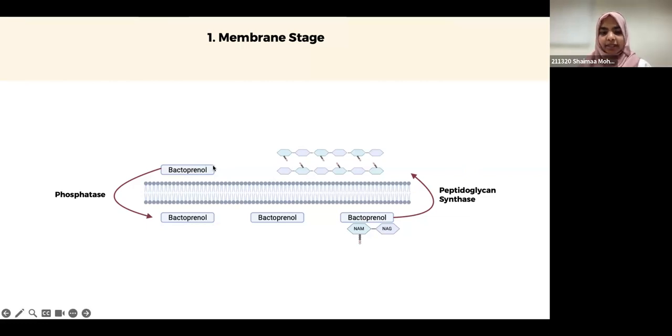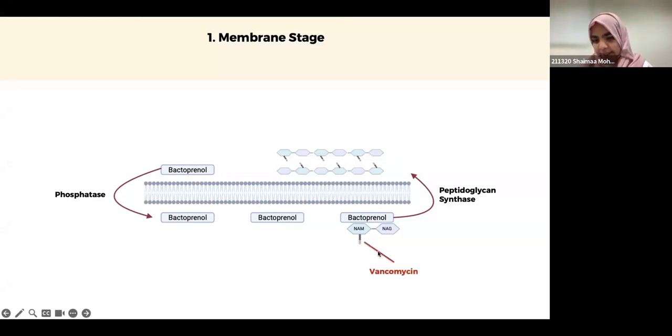Now, the bacterial cell has a limited supply of bactoprenol, so it needs bactoprenol to go back inside the cell. How does bactoprenol go back? It uses the enzyme phosphatase, which removes a phosphate molecule from bactoprenol and allows it to go back into the cell.